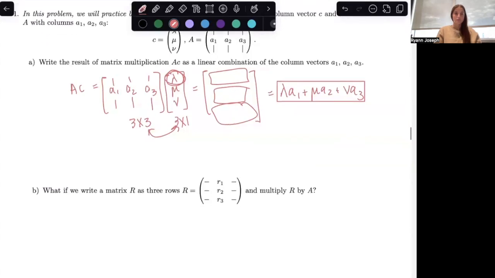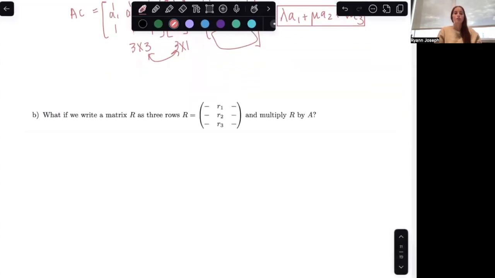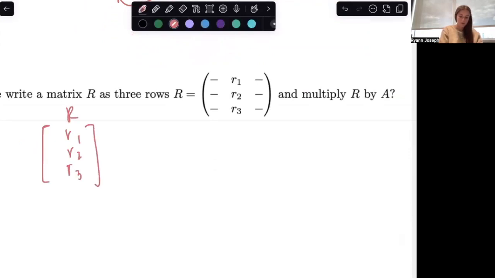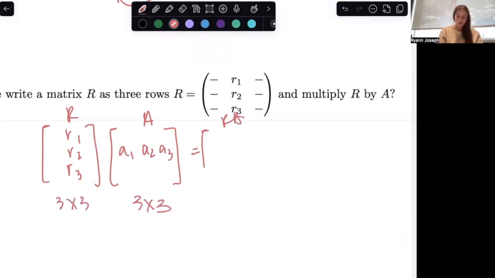Then they're saying, okay, what if we have a matrix with rows R1, R2, R3, and we multiply R by A? So R is a row matrix, R1, R2, R3, times A, which is a column matrix, A1, A2, A3. Again, 3x3, 3x3. We're going to have a 3x3. In this case, it's the dot product of each row times each column, because that's what we're essentially doing.